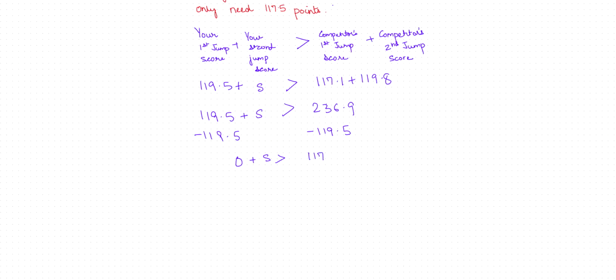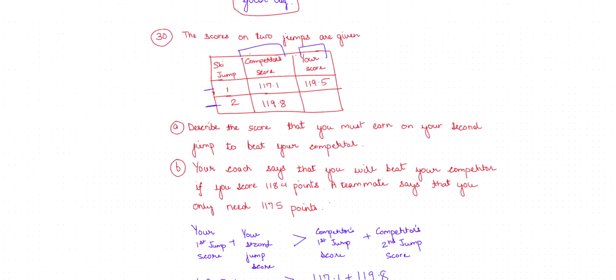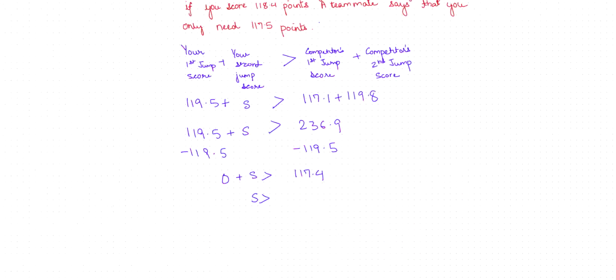So this S, your score on the second jump, must be greater than 117.4 in order to win, because your total score must be greater than the competitor's total score. So we add your first score plus second score, and the competitor's first score plus second score.